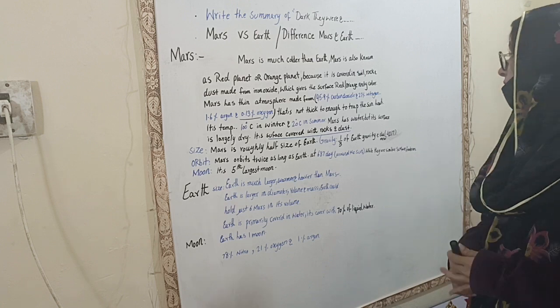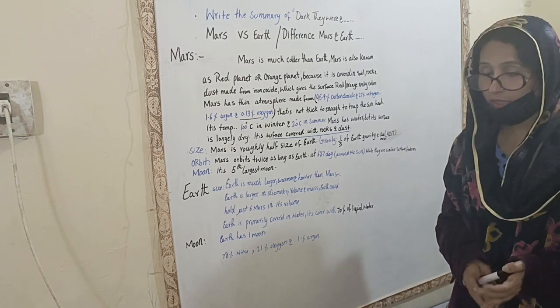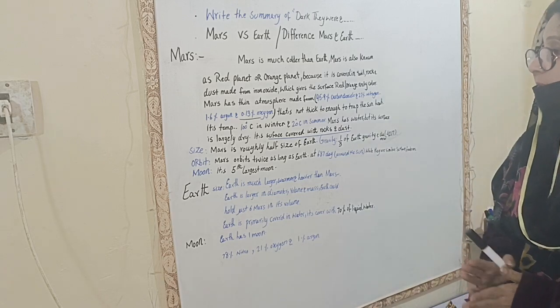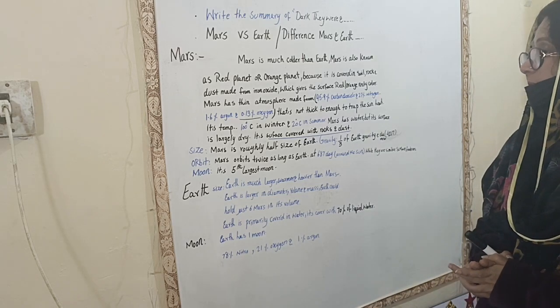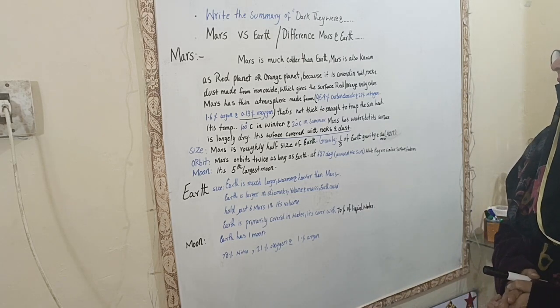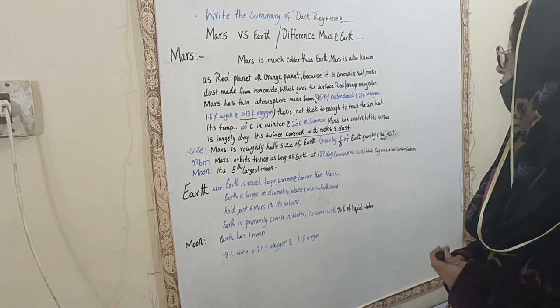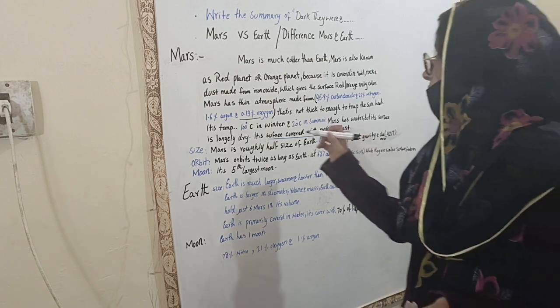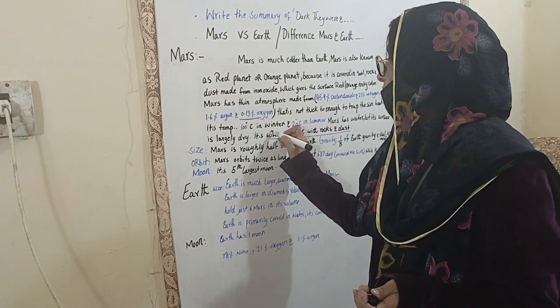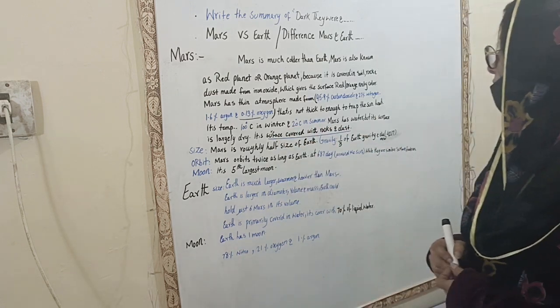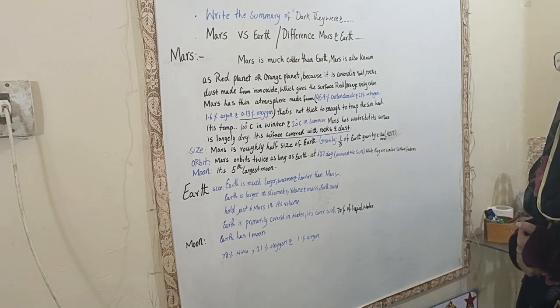Mars has water, but its surface is largely dry, covered with rock and dust.